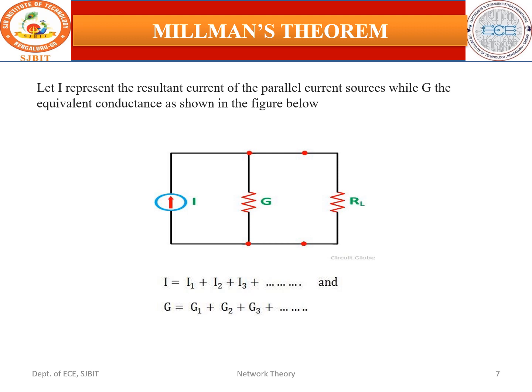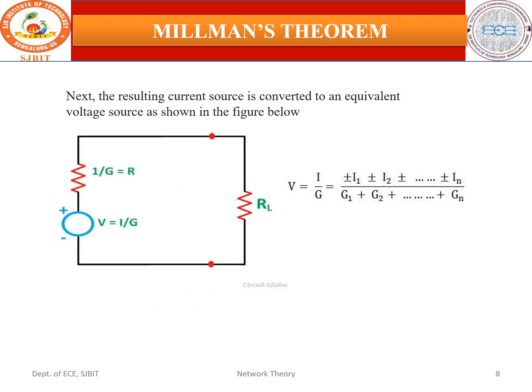Here let I represent the resultant current of the parallel current sources, while G is the equivalent conductance as shown in the figure below. So here I is equal to I1 plus I2 plus I3, and G is equal to G1 plus G2 plus G3. Next, the resulting current source is converted to an equivalent voltage source as shown in the figure below.